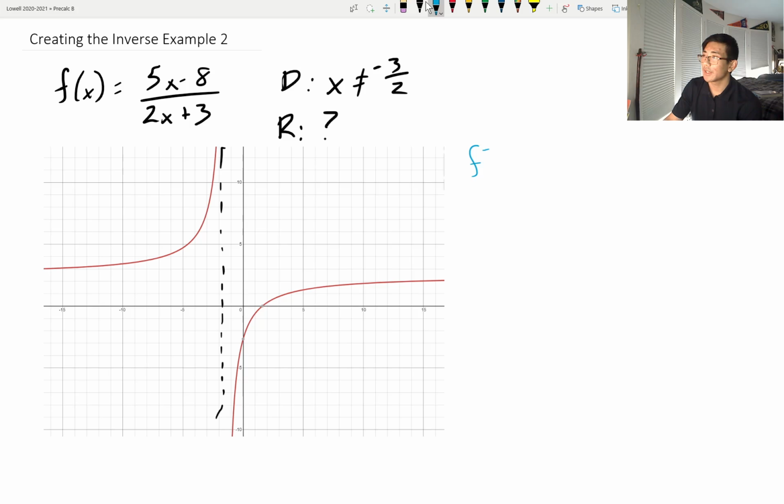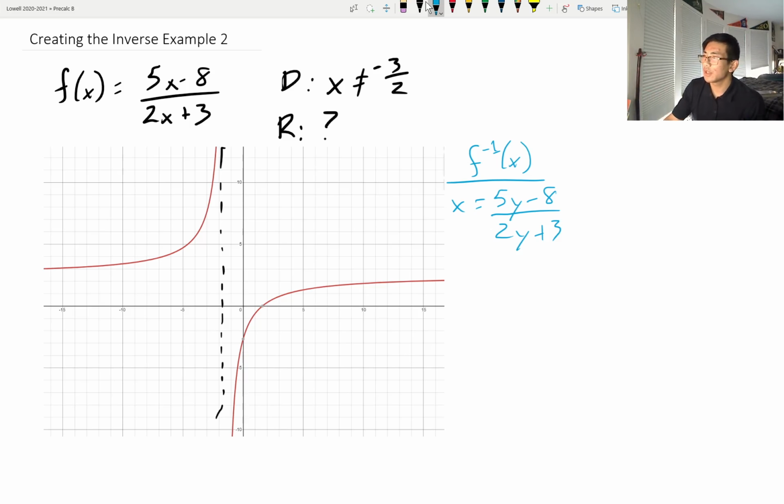So to find f inverse of x, again, I'm going to exchange x and y. So our new equation is x equals (5y minus 8) over (2y plus 3). Now we just need to rewrite this equation so it's y equals. This part's a little tricky, but it's doable.